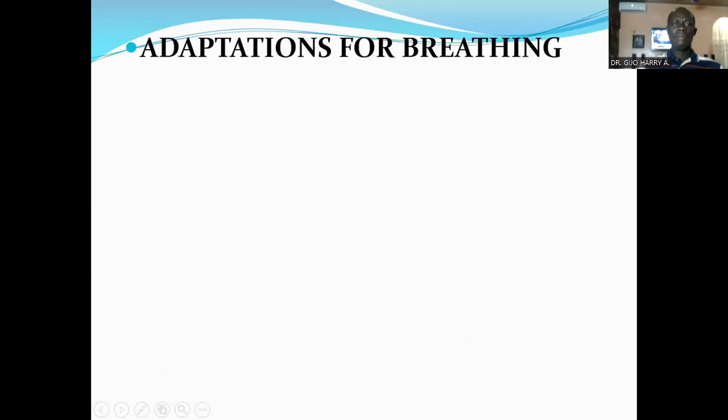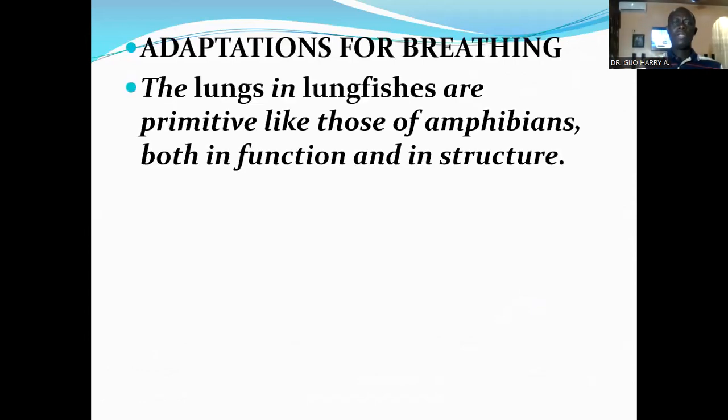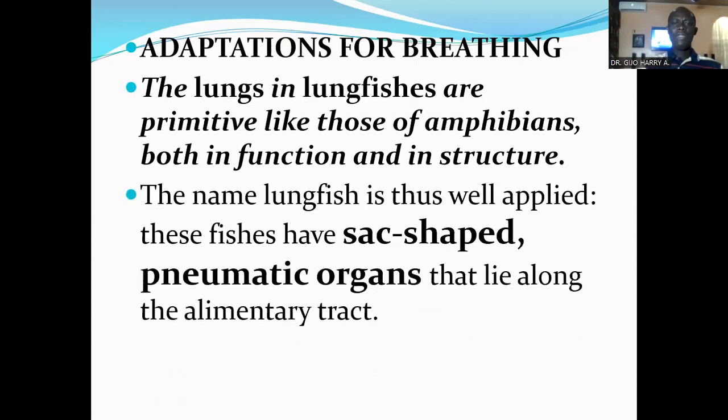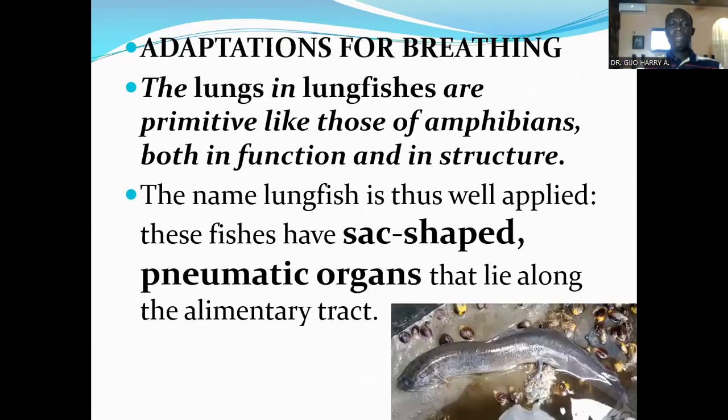Adaptations for breathing. The lungs in lungfishes are primitive, like those of amphibians, both in function and structure. The name lungfish is thus well applied. These fishes have sac-shaped pneumatic organs that lie along the alimentary canal. They use the lungs for breathing.